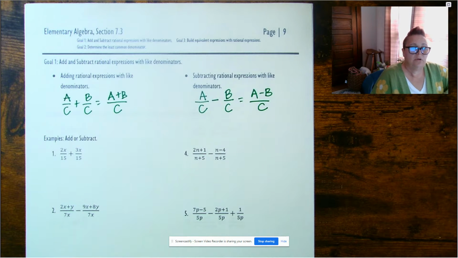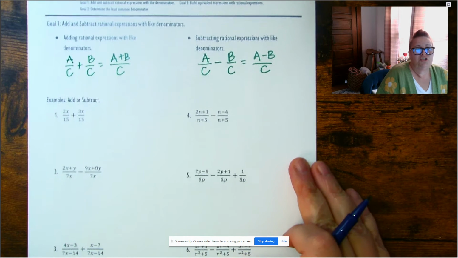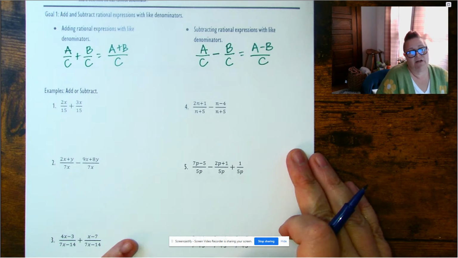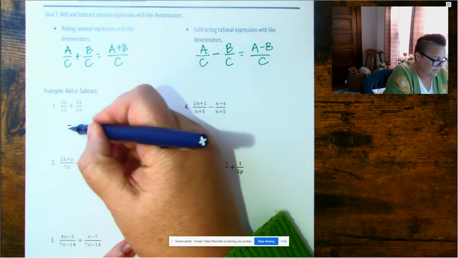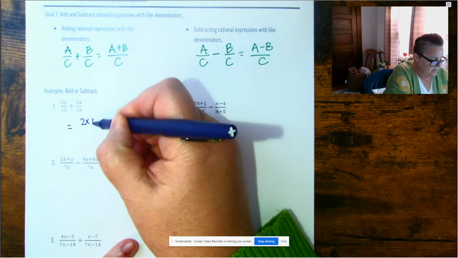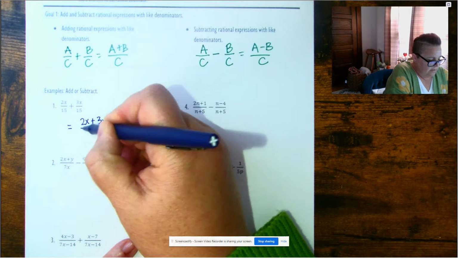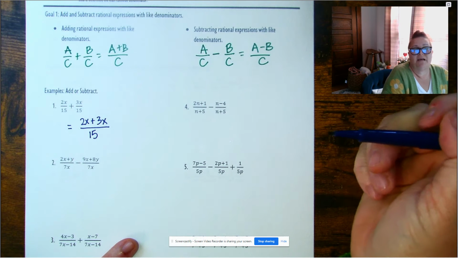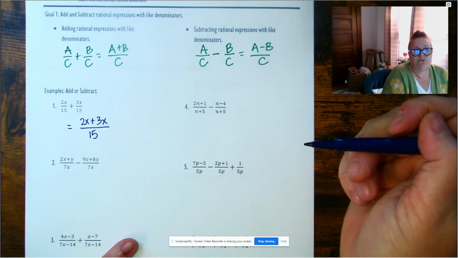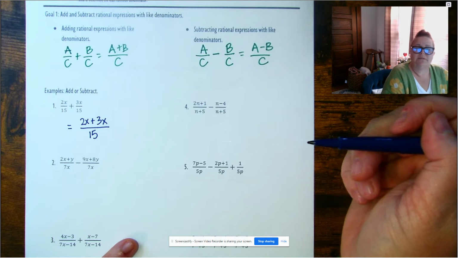Okay, so for problem number 1, do we have a like denominator? Is it the same denominator in both terms? It is. And since it is, this will be the same as 2x plus 3x over 15. Since it is a common denominator, I can simply add the two numerators.